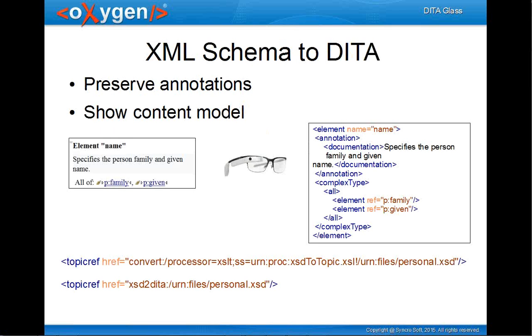Another example is about converting XML schema to DITA. Maybe some of you do not know what XML schema is. It is an XML language which describes how an XML hierarchy should be structured. For example, right here I have a piece of XML schema which says that the XML element called name should have two possible child elements, family and given, and in any order.